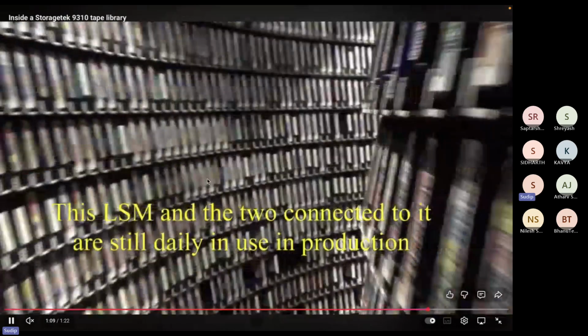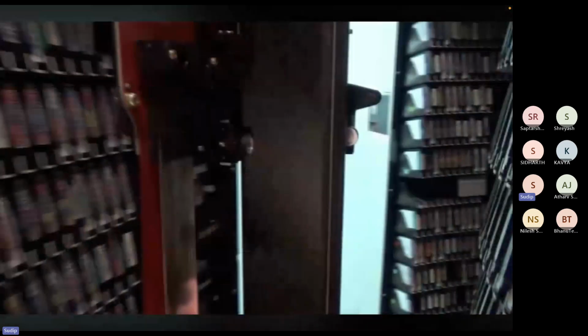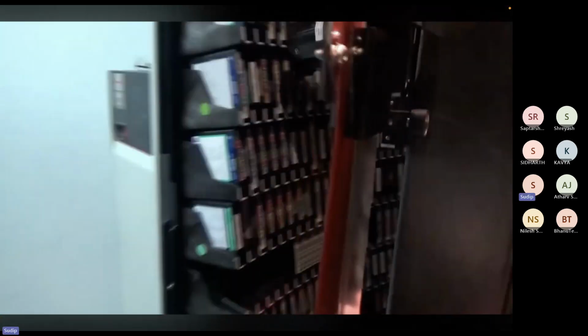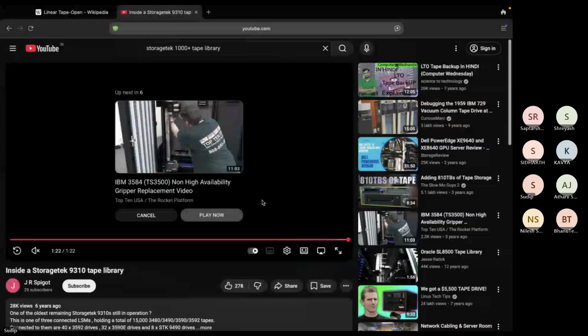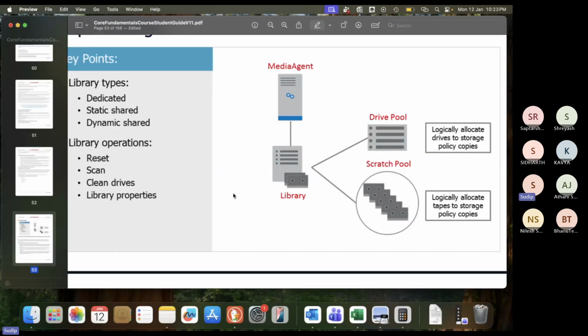And like this, across the globe, there are thousands, not just thousands, I guess, probably more than that, installed in places like BSNL, in banks, in media companies. Now you understand the scale at which we are talking.